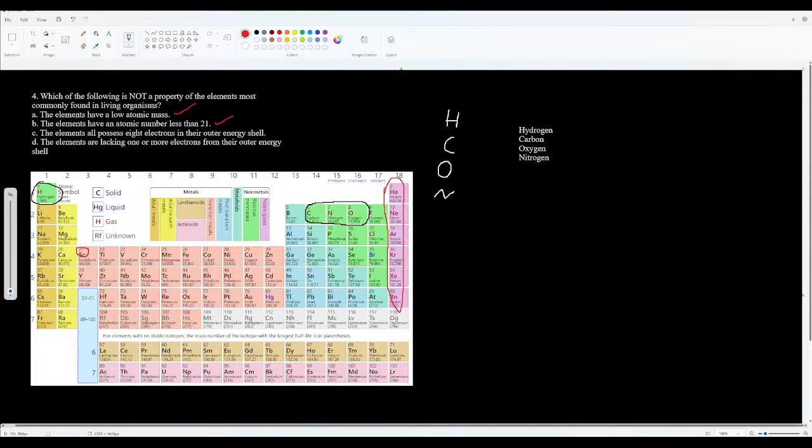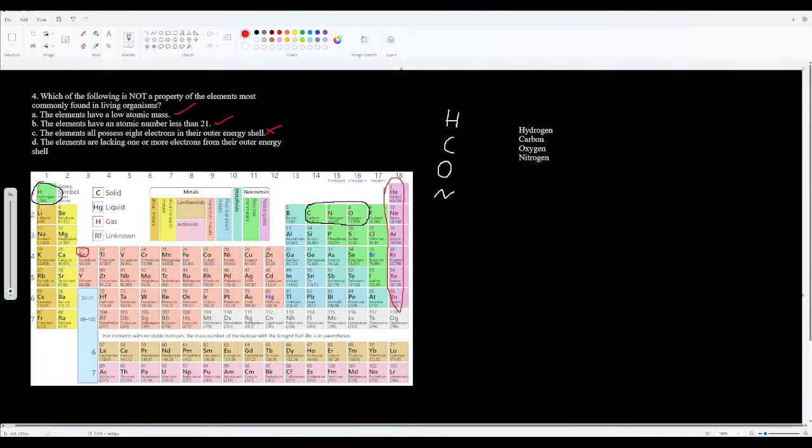But hydrogen can form a bond. Hydrogen has 1 valence electron. Carbon can form 4 bonds. It has 4 valence electrons. Nitrogen can form 3 bonds. It has 5 valence electrons. And oxygen can form 2 because it has 6 valence electrons. It still has these spots that are waiting to be occupied. So this one is false.